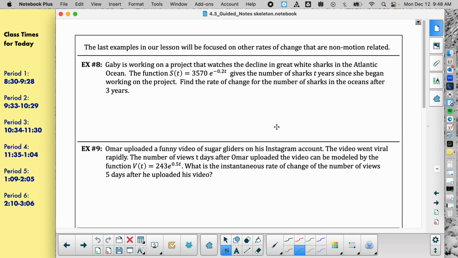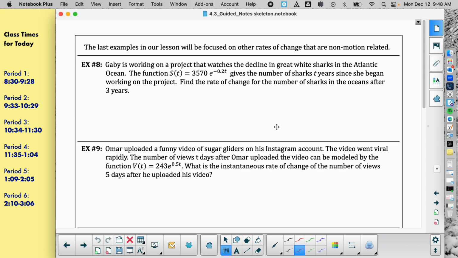Okay. If you look at section 3, it's very heavily money style problems. So this whole section is applications other than position, velocity, acceleration. And there's nothing wrong with money style problems.